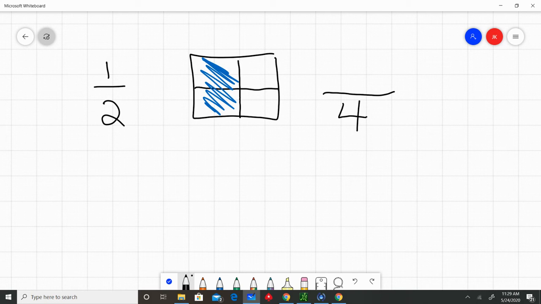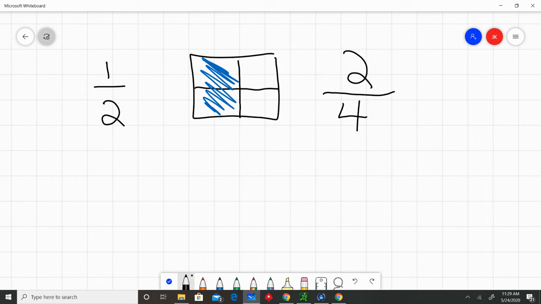That becomes my new denominator. And instead of having one part that's shaded in, I now have two of the four that are shaded in. So that's an equivalent fraction. 1/2 equals 2/4. We're going to learn how to use multiplication to help us find equivalent fractions today.